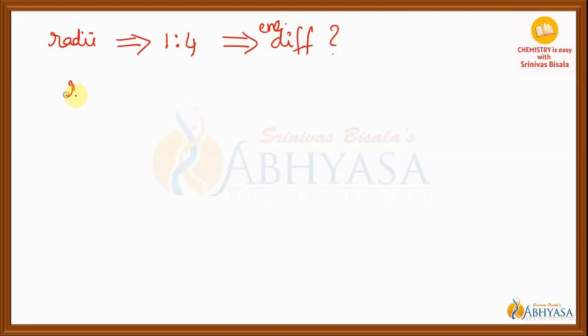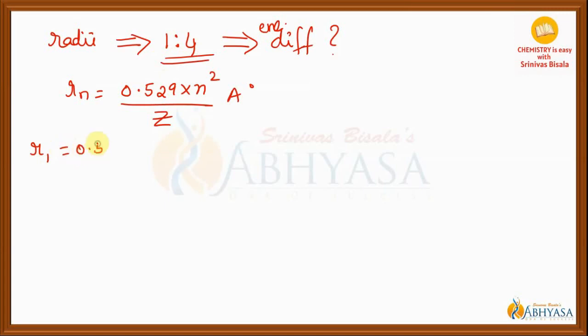So first calculate the radius of the orbit, and that is given by the formula Rn is equal to 0.529 into n square upon z angstrom units. So as we don't know which of the two orbits are having the radii 1:4, let us calculate the radius of all the first four orbits separately. R1 is equal to 0.529 into 1 square angstrom units.